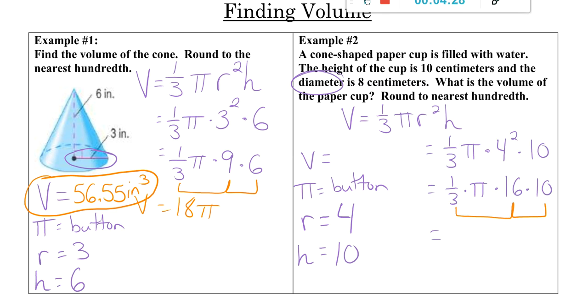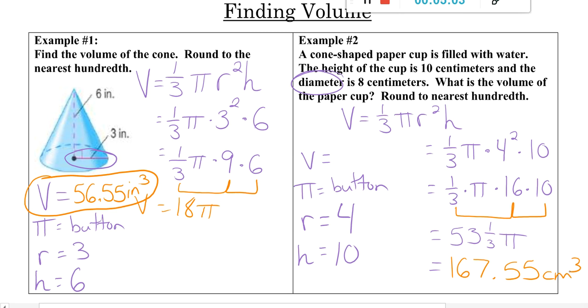And when I do that, I get 53 1/3, because it's 53.33333, so 53 1/3 pi. And then if I were to multiply that out, so times pi, I get 167.55. My units are centimeters cubed. So my volume is 167 and 55 hundredths centimeters cubed.